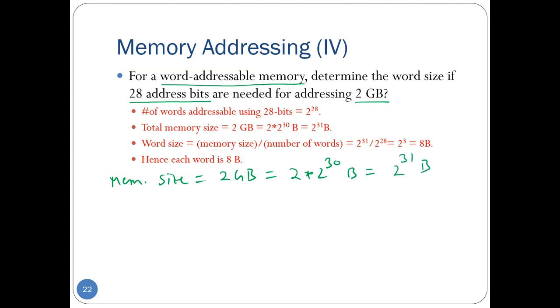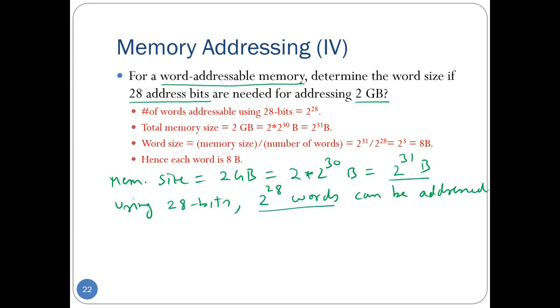Now this is a word addressable memory, so using 28 bits, we can address 2 to the power 28 words. We know the number of words, and we know the memory size.